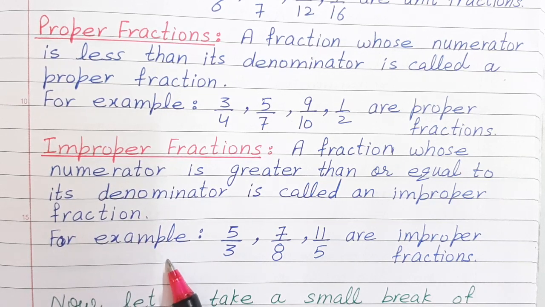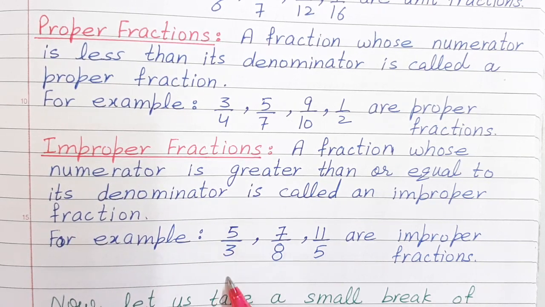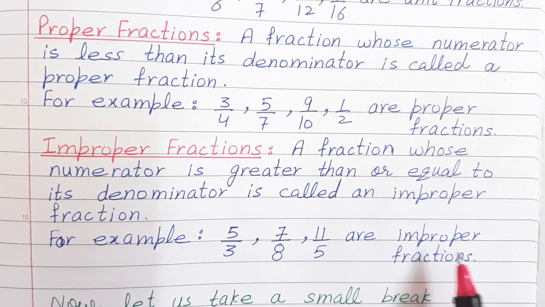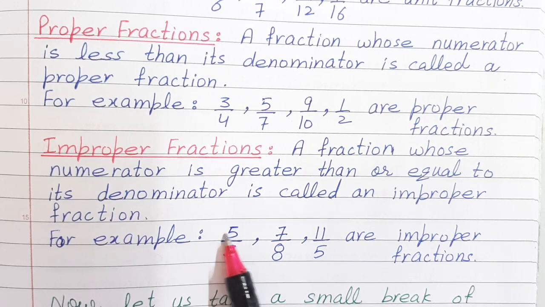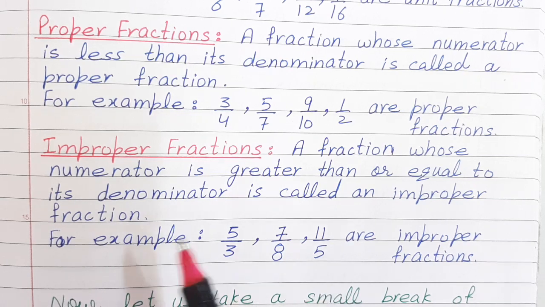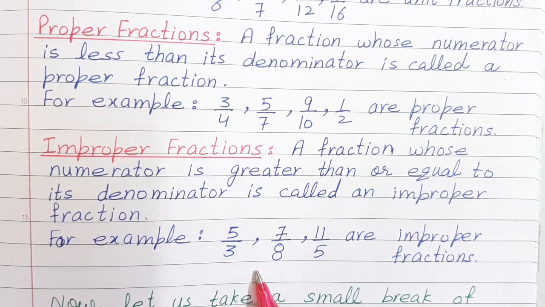For example, 5 upon 3, 7 upon 8, 11 upon 5 are improper fractions. Why so? Because all the numerators are greater than the denominators. Children, we can convert all the improper fractions into mixed fractions also, right?